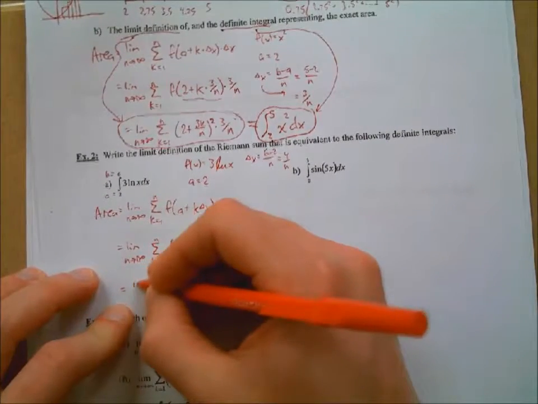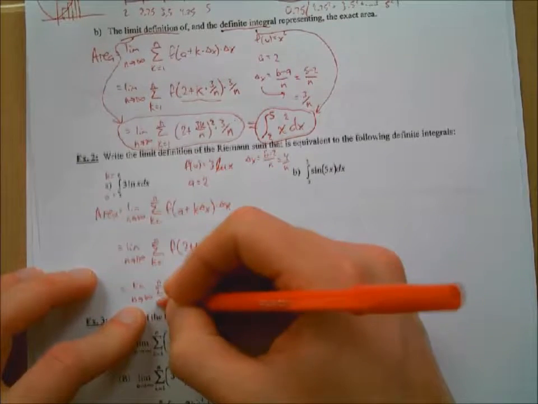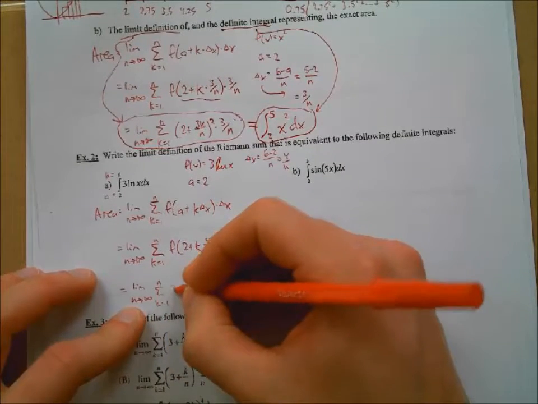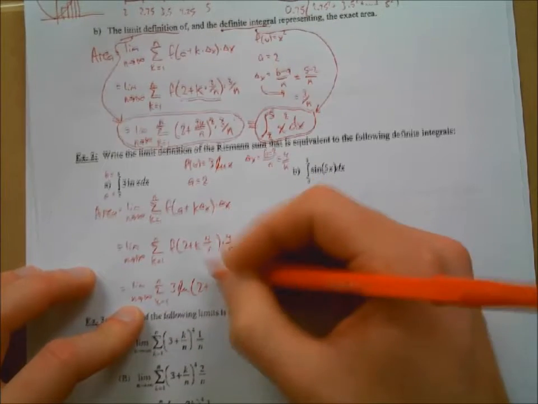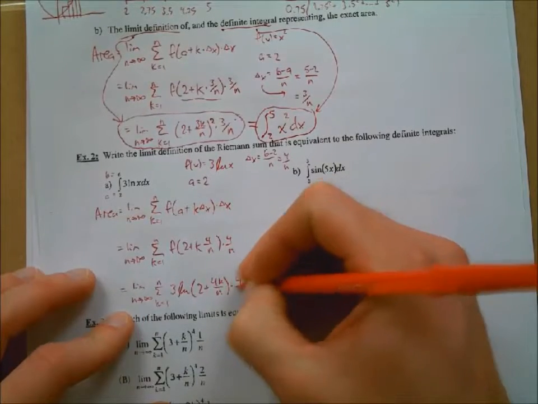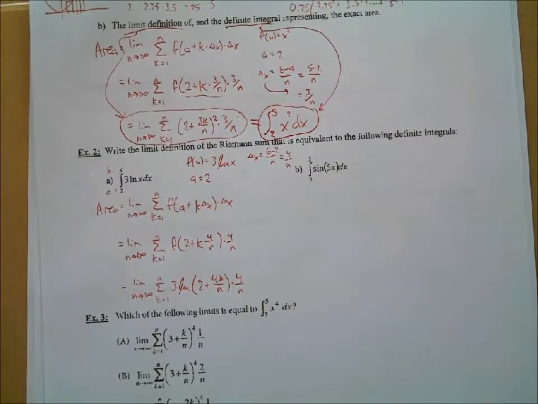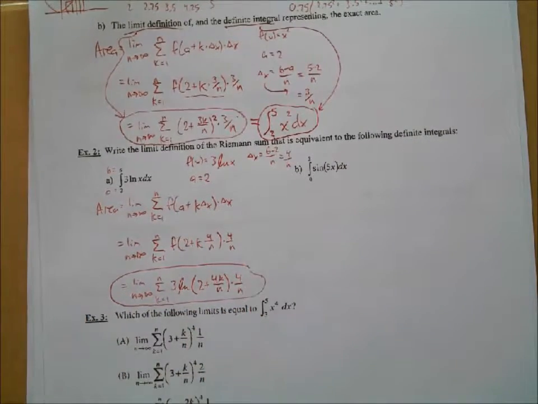And so our final answer: 3 natural log of 2 plus 4k over n, times the 4 over n. Okay, and so there is our limit definition of Riemann sum.